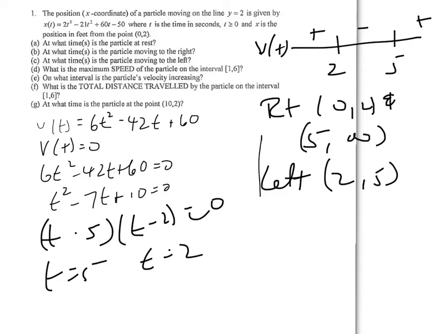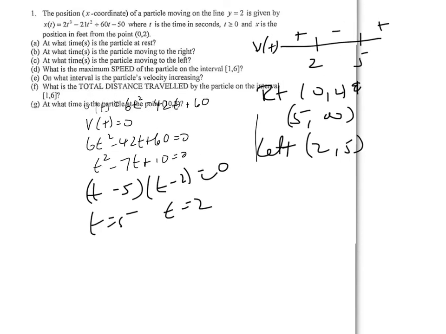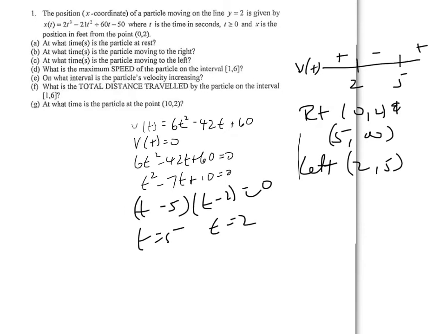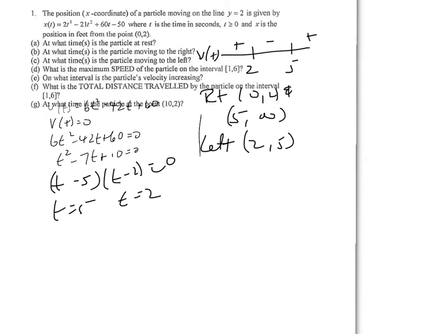Now, I told you that maximum speed was not on the exam, but I am going to do the question nonetheless, just to make sure that you understand it. So we have maximum speed. Maximum speed is going to occur when the acceleration is equal to 0, so we know that a of t is equal to 2t minus 7.